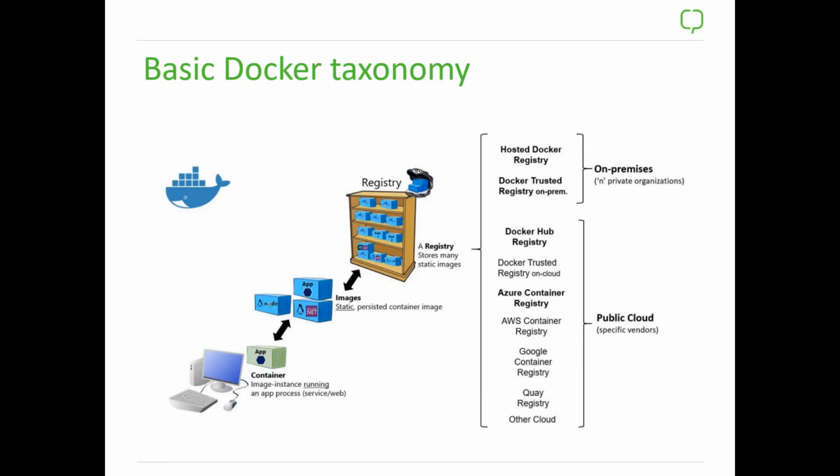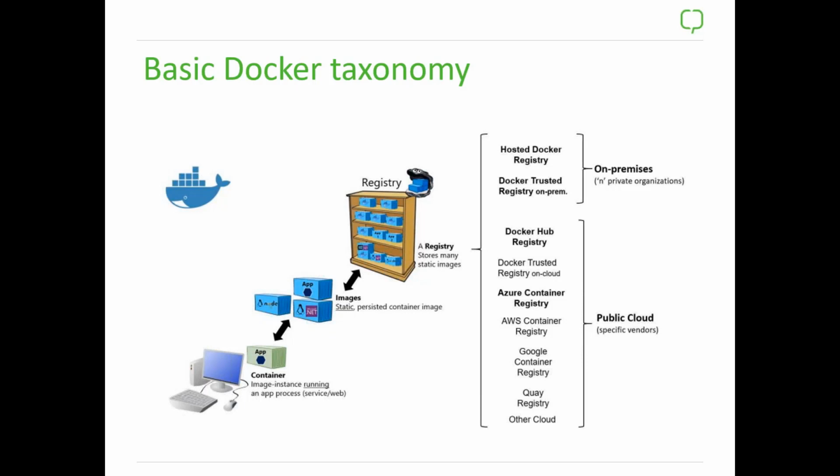From a developer point of view, the easiest way to see an image is like a class in object-oriented programming. Same as a class is the definition of an object, an image is something like that. It defines the common properties and common software for a container. They are static. They do not change.